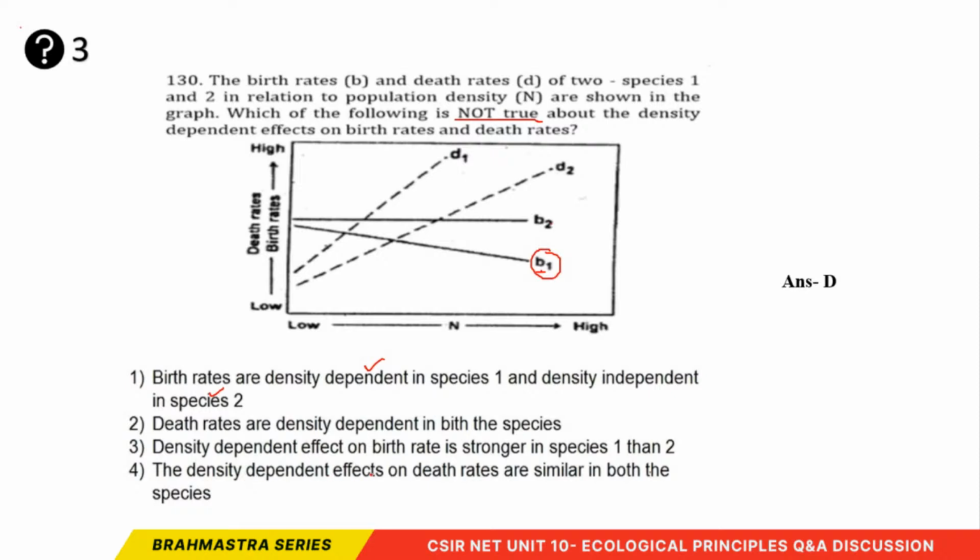The density dependent effects on death rates are similar in both the cases, which is of course not the same, right? So this is also true, this is also true, this is also true. So not true is option 4.